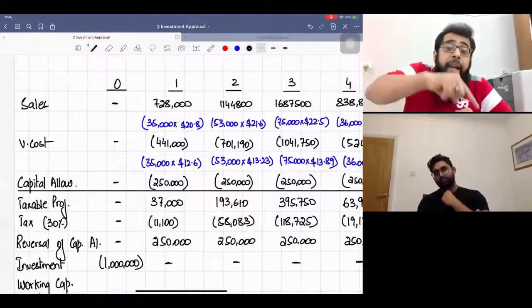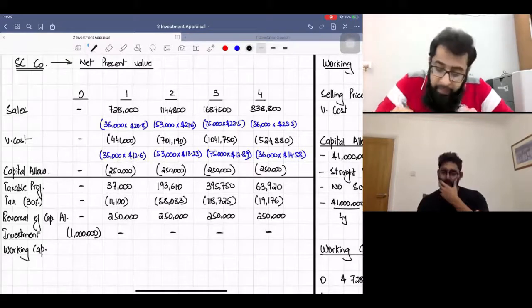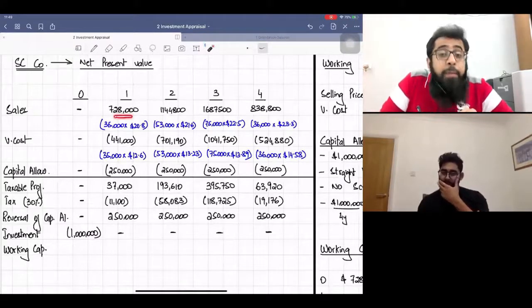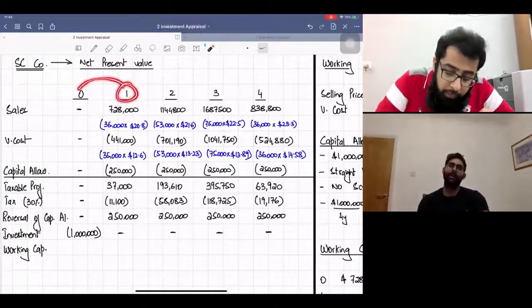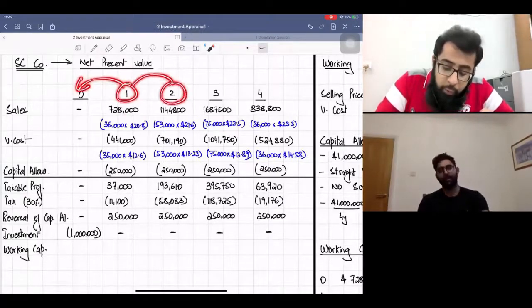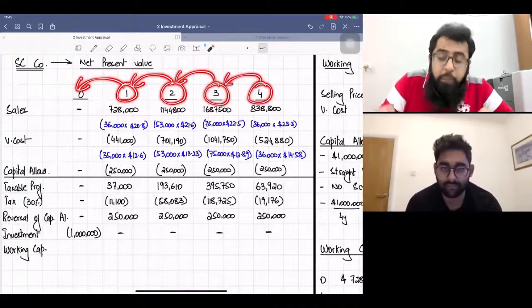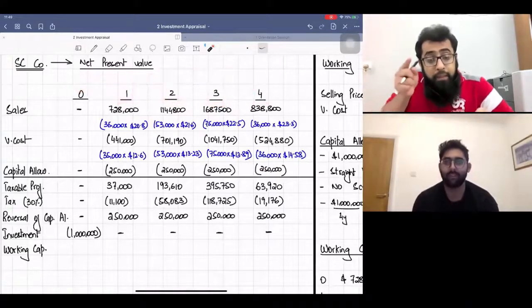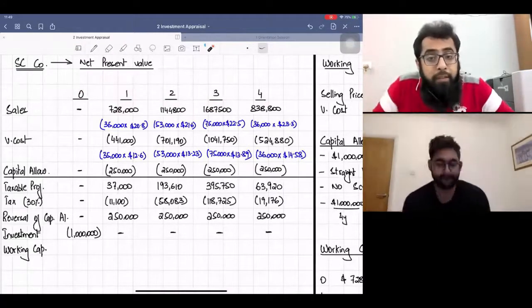Start of year means end of previous year. Did you get the point? Start of year 1 means year 0. Start of year 2 means year 1. Start of year 3 means year 2. Start of year 4 means year 3. The start of year means end of previous year. We will show that cash flow at the previous year.